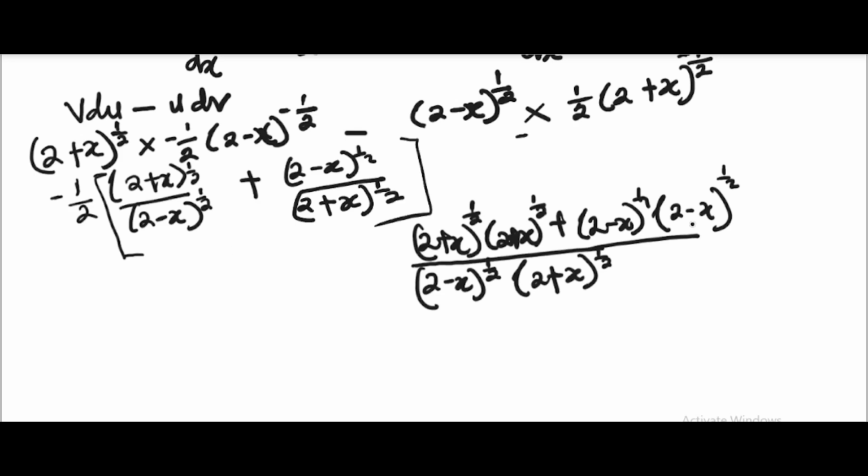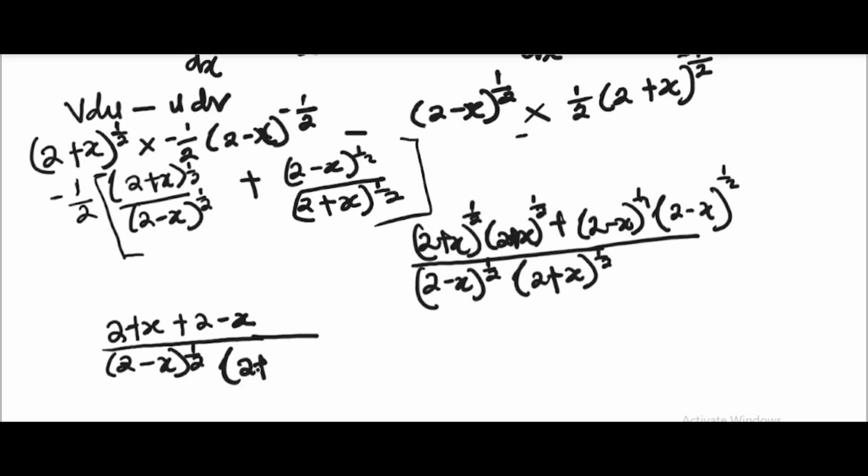So half plus half is 1. So we have 2 plus x plus 2 minus x all over, remember we have our minus half. So this is all over 2 minus x raised to the power of half 2 plus x raised to the power of half. So let me bring in my minus half before I forget it.